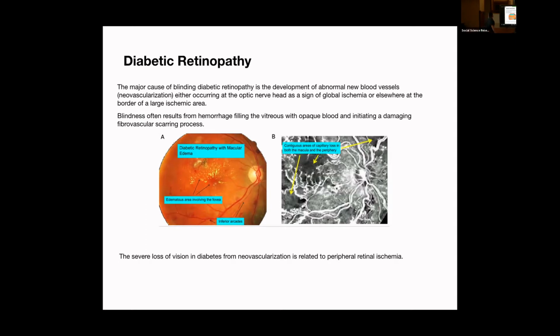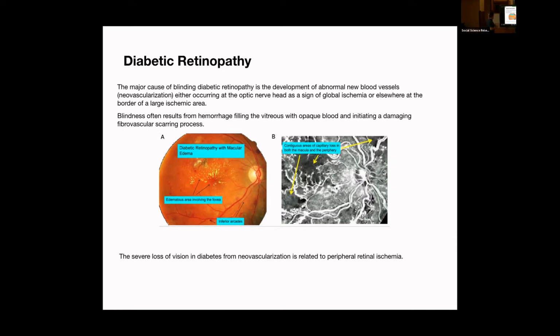So what happens is that in the retina, neovascularization appears as some vessels get no blood flow passing through them, so you can get blindness from neovascularization.